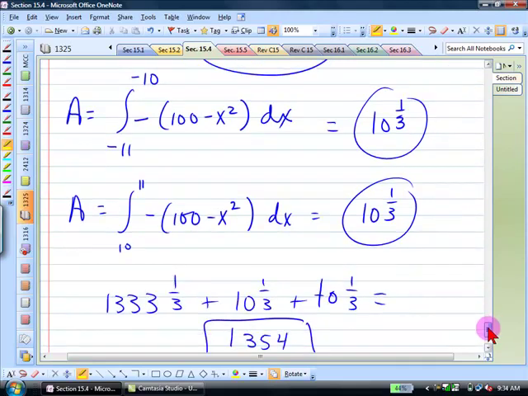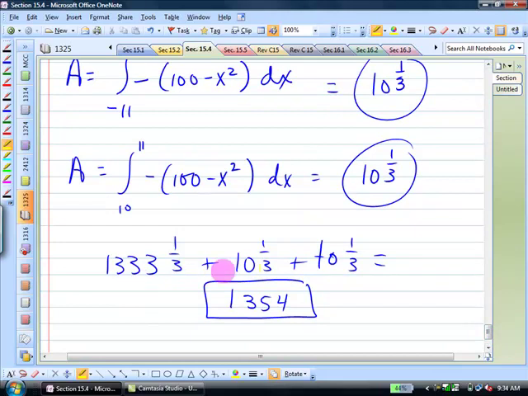Questions on that one? Add them up, get 1354. You can use your calculator to help you, but you need to know how to do the fraction work, because there will be some that you're forced to do that way. Not necessarily on the homework, but if you only use the calculator, you won't be as prepared.